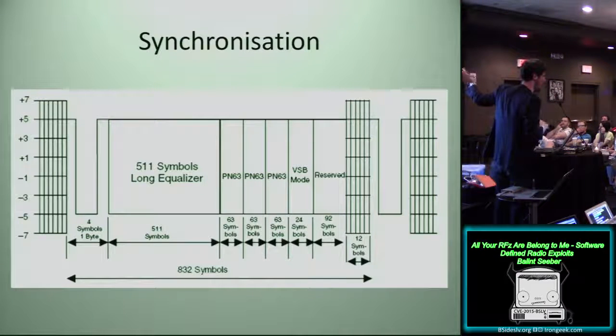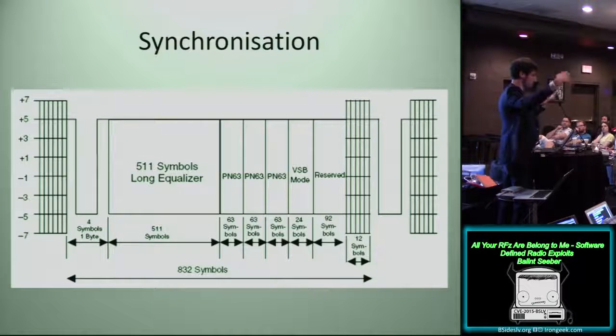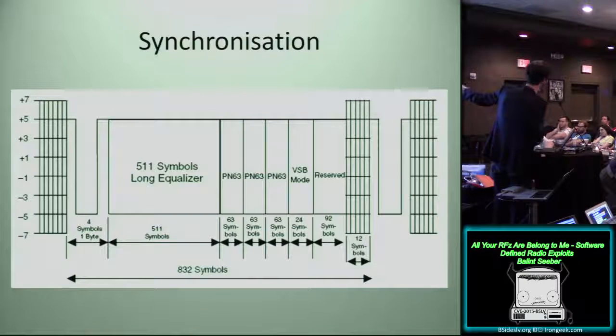What an equalizer does is it undoes that effect, so it does its best to cancel out these other signals that come in, and you just get the one strongest signal going to your television, and then it decodes. But it has to have some fixed training sequence to compare against, and that's what's in this 511 symbol long equalizer sequence.